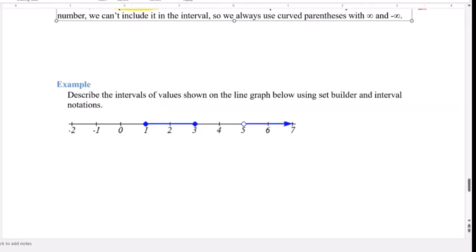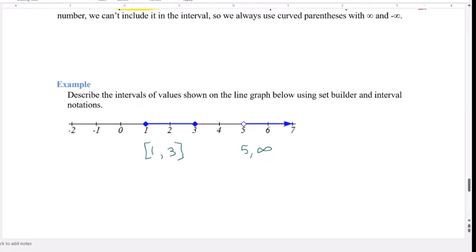Let's start with interval notation. I'm going from 1 to 3. And I'm including 1, so I put a square bracket, and I'm including 3, so I put a square bracket. Over on this part of the line, I'm going from 5, and notice I have this arrow, which means it just keeps going forever, so I'm going to infinity.